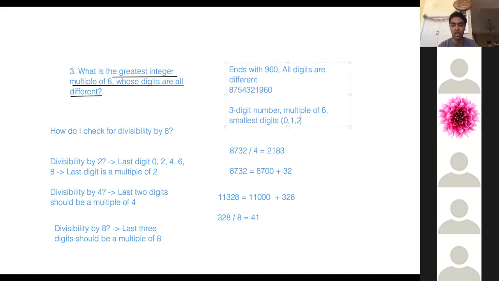If I have to use a larger digit, I can use maybe a 3, but I want to use ideally only these digits. The advantage of this is that I can use the rest of the digits in the front part. So is there a multiple of 8 that uses only these 3 digits?